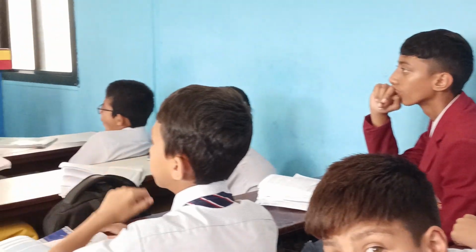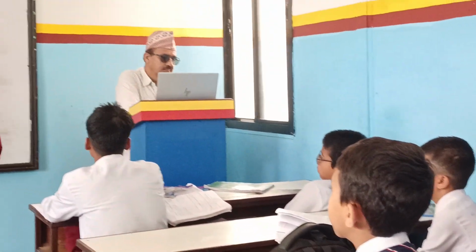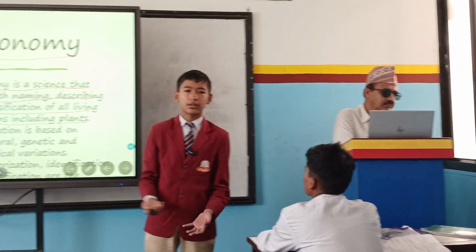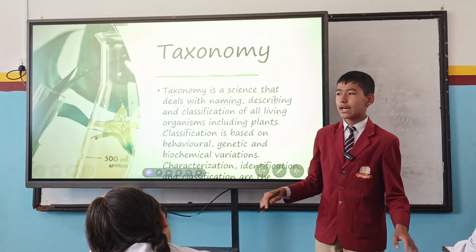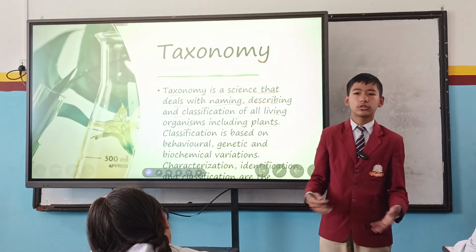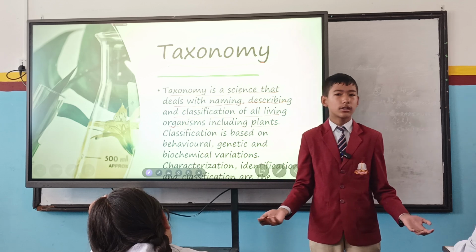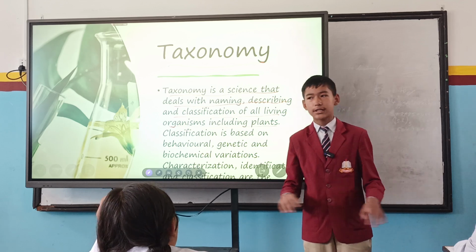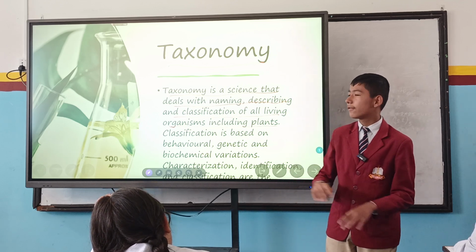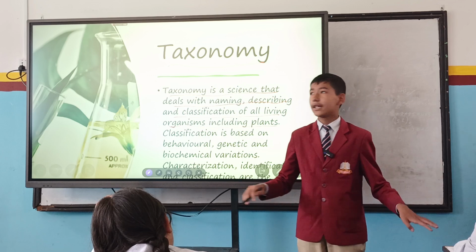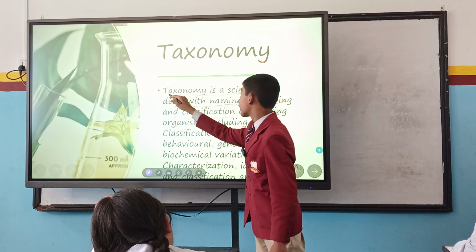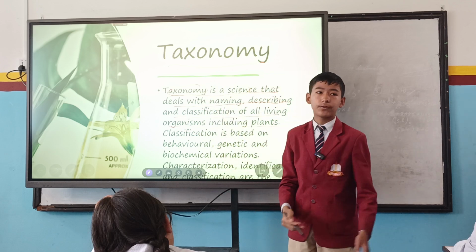We all know that all the plants we call rose, lotus, everything are our local names, but they aren't our scientific names. Rose, lotus and other plants and animals like dog, human beings, all have a scientific name too, but it is not familiar to us, and all the scientific names are derived by the science which is called taxonomy.